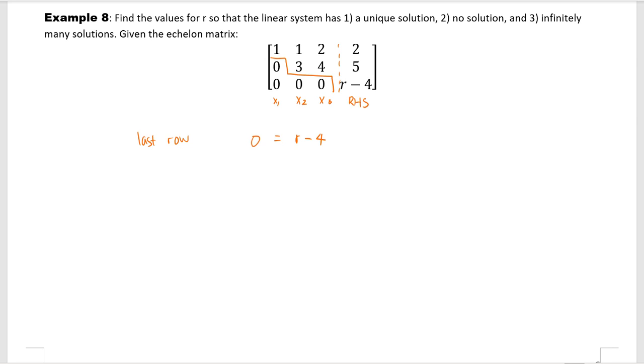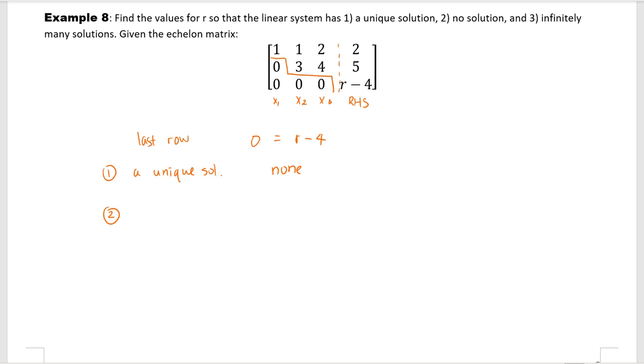When do we have a unique solution? No way, because on the left hand side you don't see x1, x2, or x3, so no k can give us a unique solution.